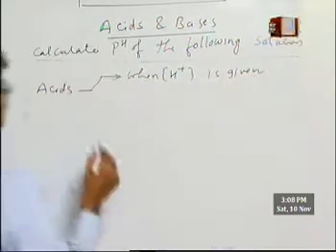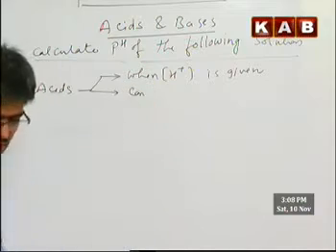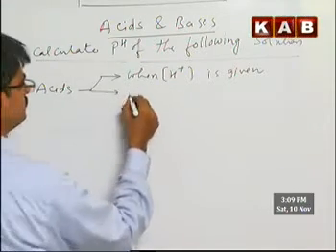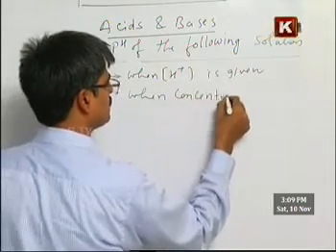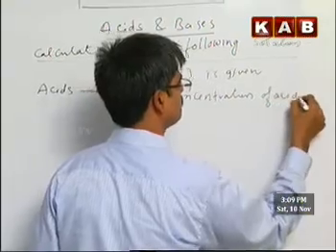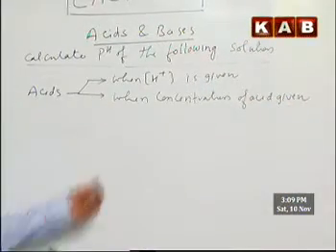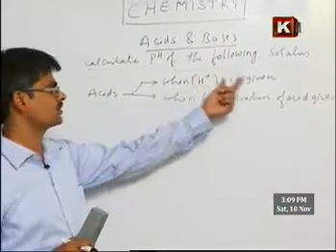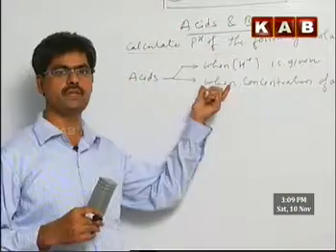Sometimes they will give us the concentration of acid. In some cases the concentration of acid given and the hydrogen ion concentration both will be same. That actually depends upon the protosity of the acid.